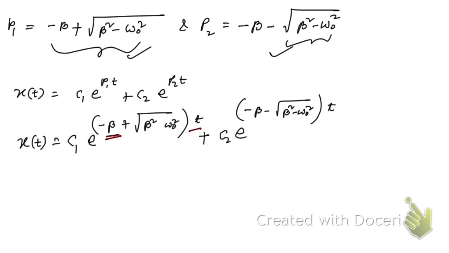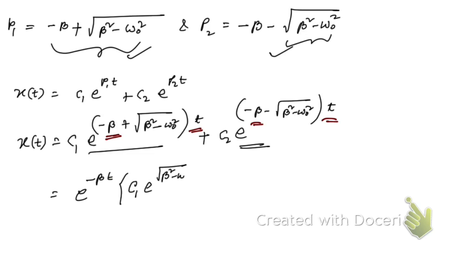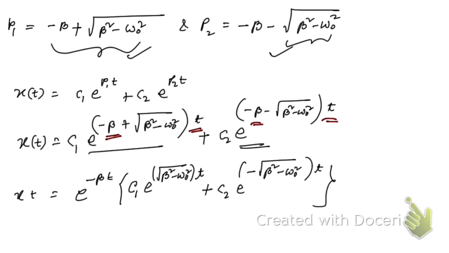We can take e to the power minus beta into t common from these two terms, and we have got this expression. Hope you have understood how we have taken this common.